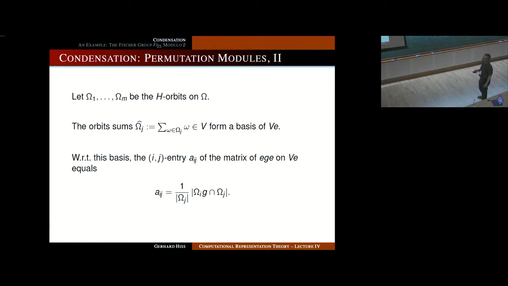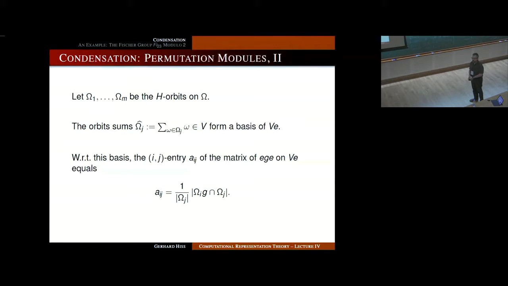So this is what you have to compute, this number. For each element in omega_i, you apply G, and then for each other orbit, you see when it falls into this orbit, and you count.